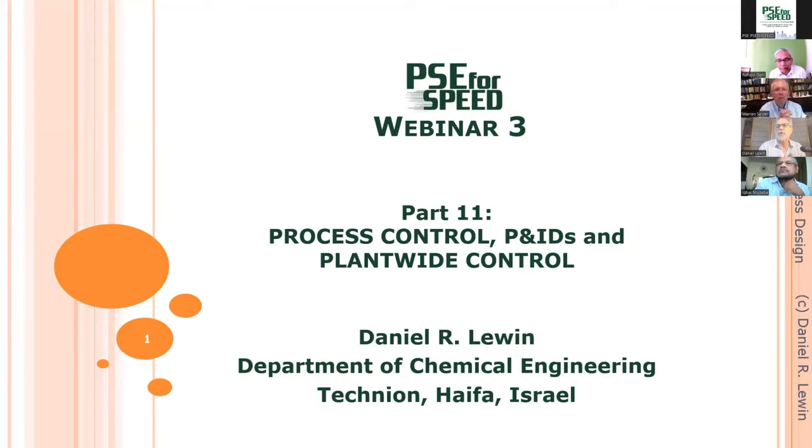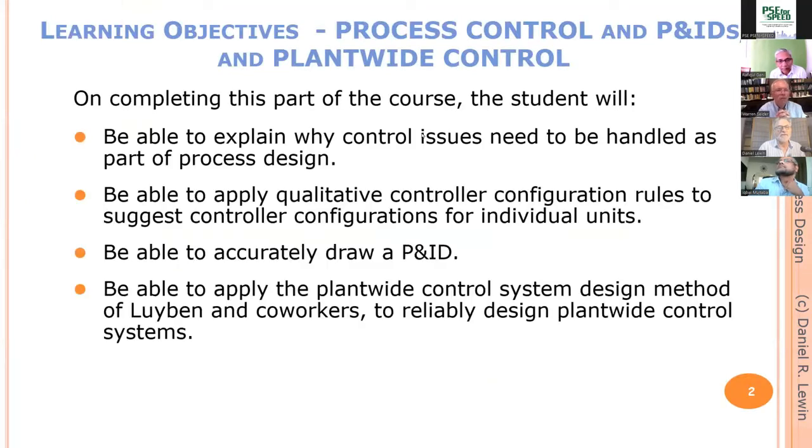Much, but not all of the materials that we teach in this part of the course are taken from chapter 20. So the learning objectives are quite straightforward. On completing this part of the course, the students should be able to explain why control issues need to be handled as part of the process design.